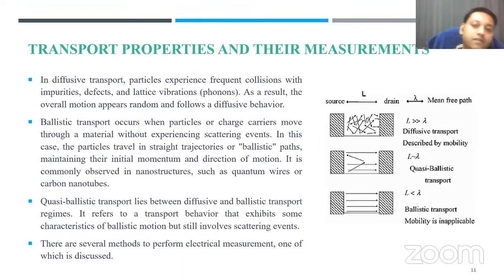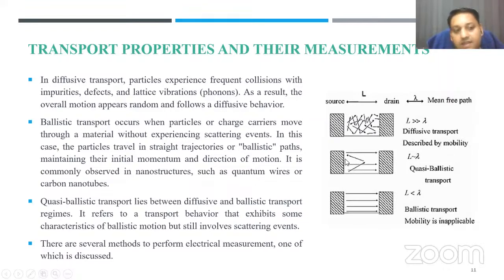Now coming to another physical aspect, that is the transport properties and their measurements. Transport properties mean how the carriers, that is electrons, phonons, holes and photons, all these different types of carriers, how do they move? Inside a crystalline solid we can see the movement of electrons or holes in the case of a semiconductor, and phonons, mostly. And how do I determine the transport?